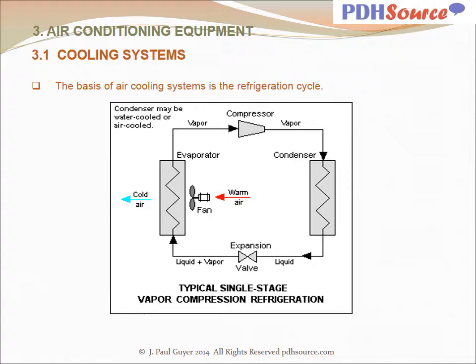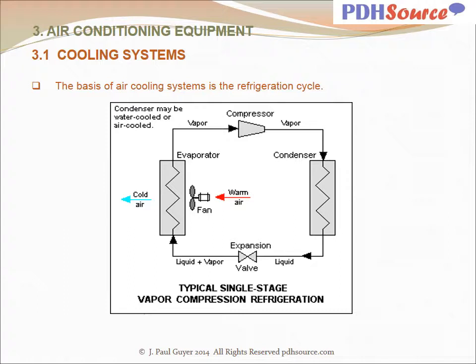And so you have hot refrigerant vapor in the piping inside the condenser. Now, it's not shown here, but typically there is a fan that is used to blow outside air across the condenser coil, and that cools the hot refrigerant vapor and condenses it into a liquid.